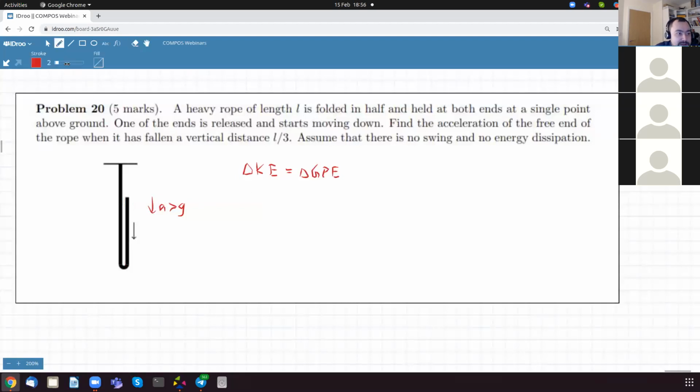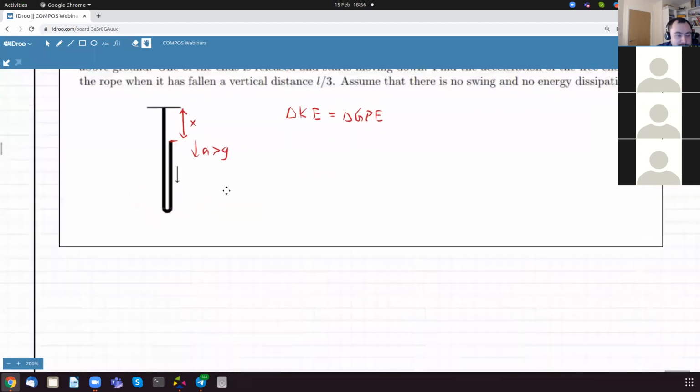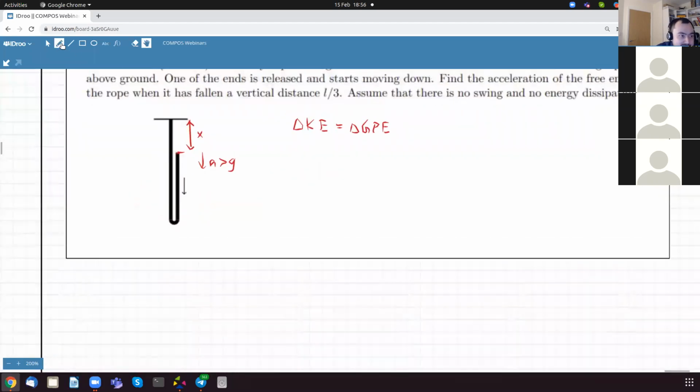So assume that this end has moved a distance of x. That means that this length of the rope is (L plus x) over 2, and this length of the rope is (L minus x) over 2.